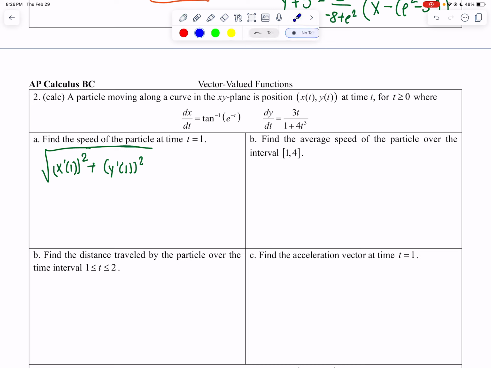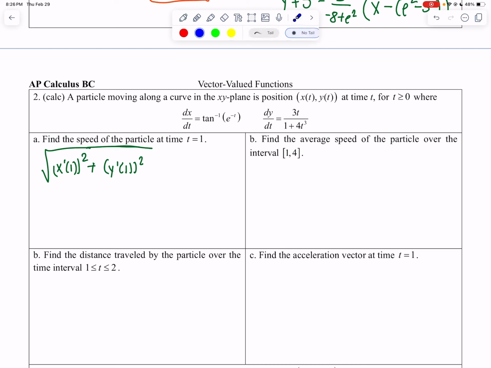As a trick, I am going to put this in Y-vars, just because I'm going to be doing a lot with parts B, C, and D for number 2. For dx/dt, I'm going to put that in y1. That is going to be inverse tangent of e to the negative t. y2 is going to be 3t over 1 plus 4t to the third.